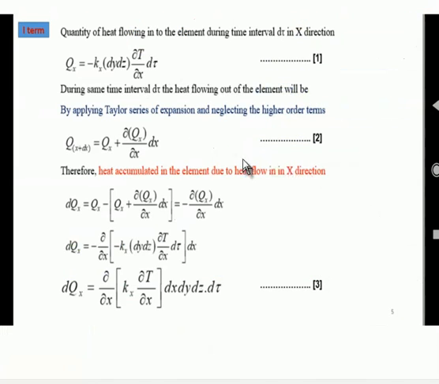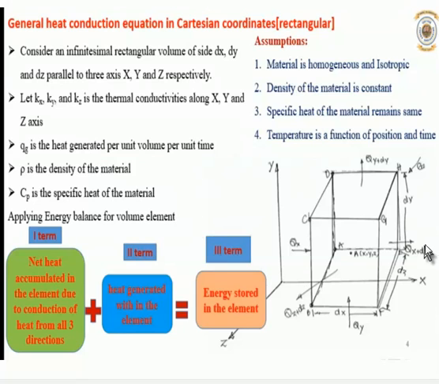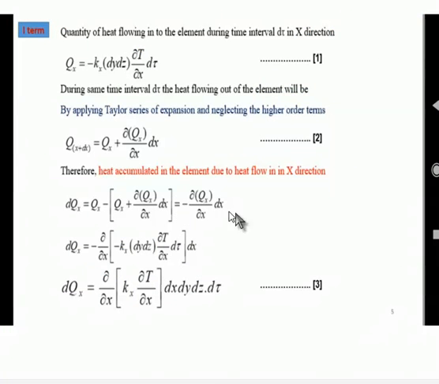So Qx plus dx is equal to Qx plus dou Qx by dou x into dx. This is equation number 2.